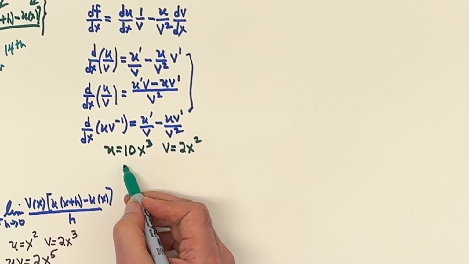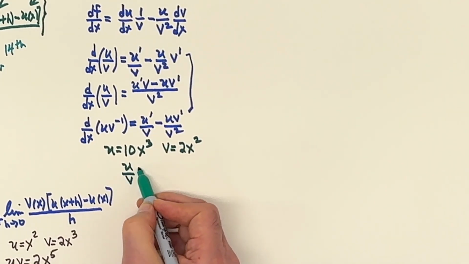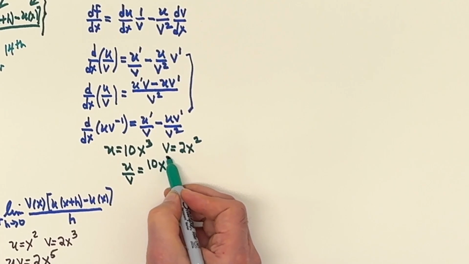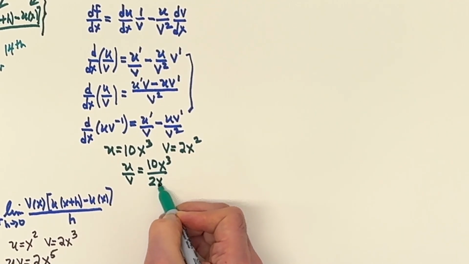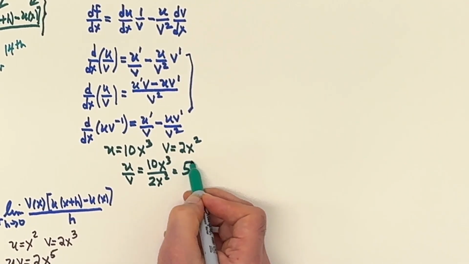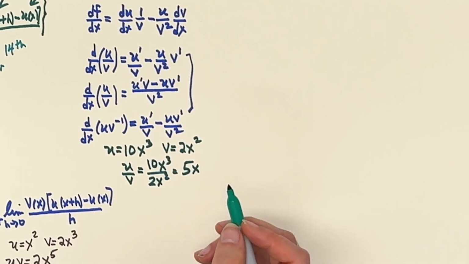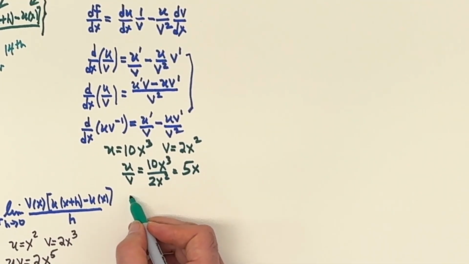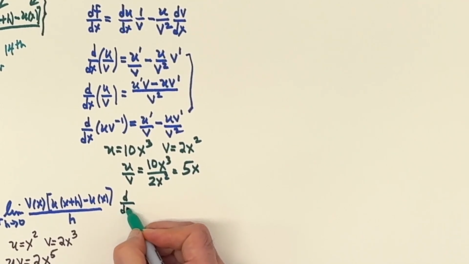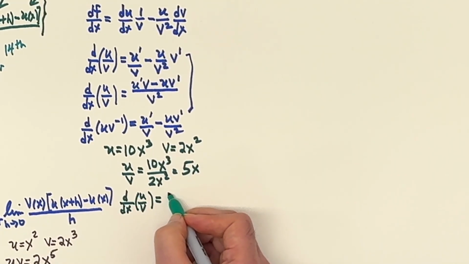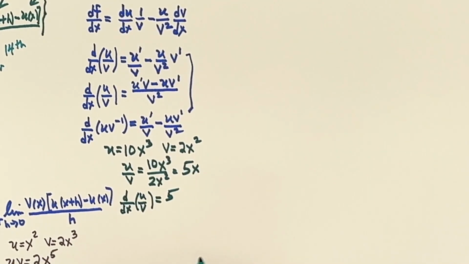So then I could find u over v very quickly. And that's going to be 10x cubed over 2x squared, which is going to be 5 times x. So the derivative with respect to x of u over v, I know is going to be simply 5. But now let's try that with the formula.